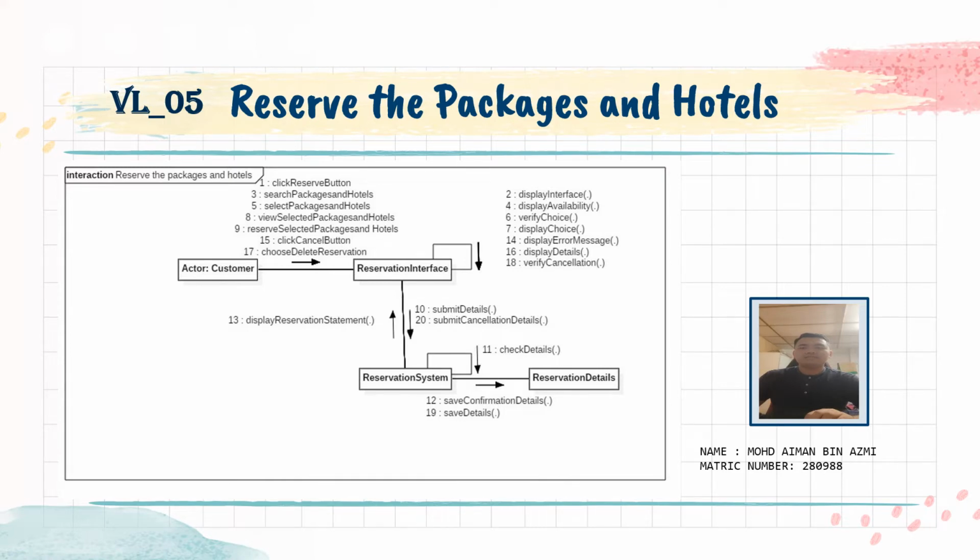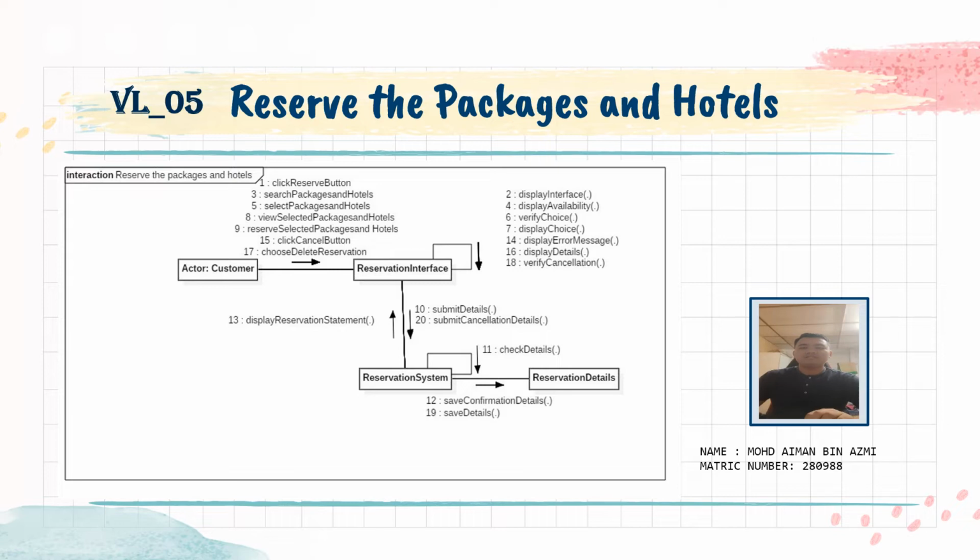Besides that, from reservation interface to reservation system, it consists of 9 processes. The reservation interface will display interface and availability, verify choice, display error message, display details, and verify cancellation.